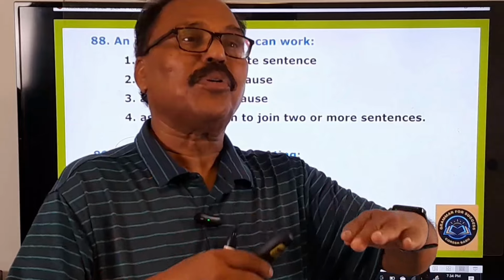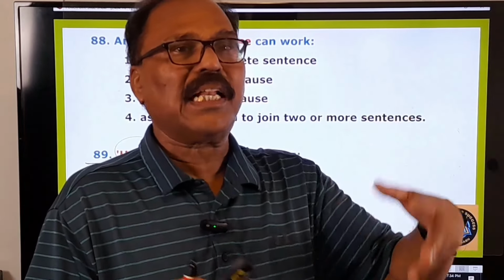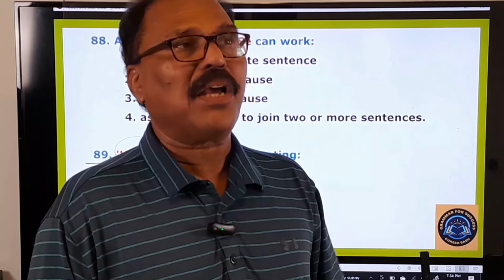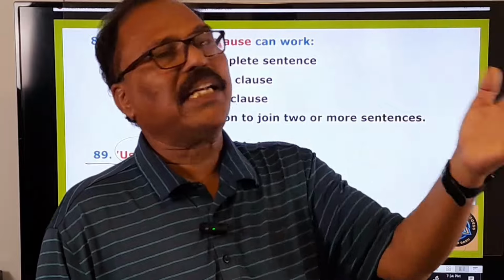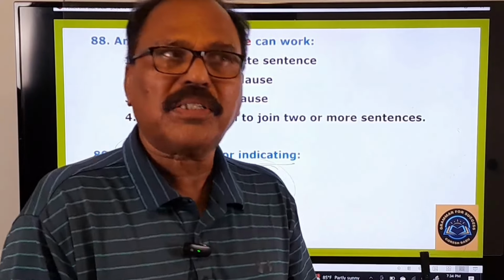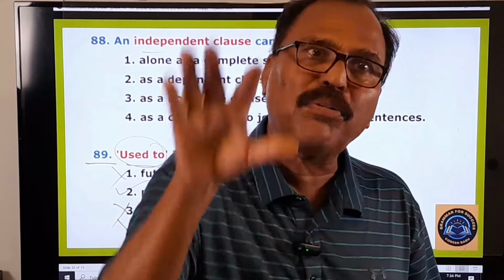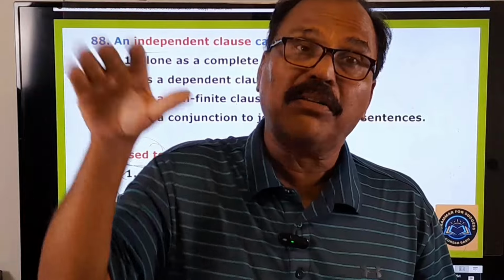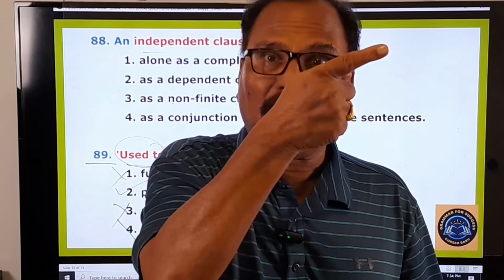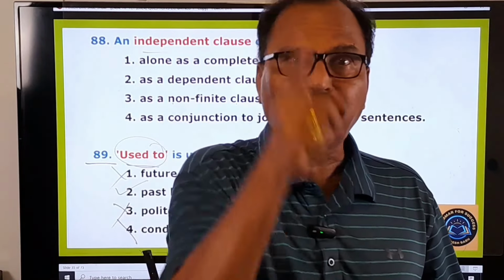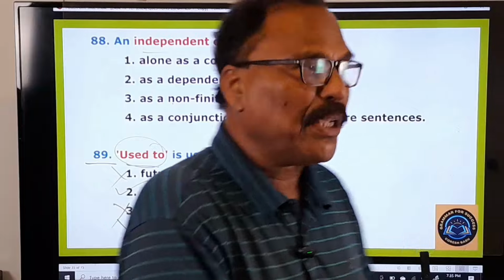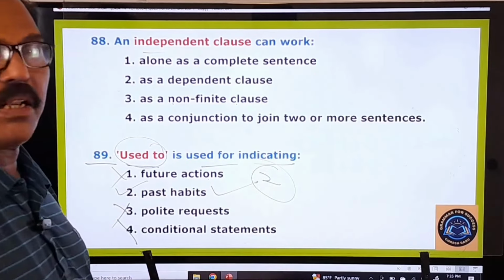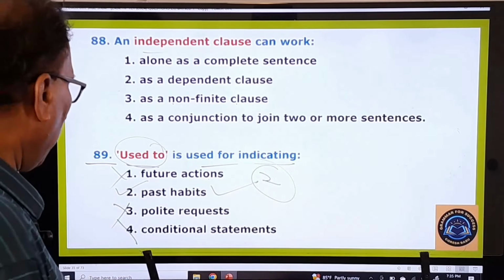I used to go to the library and sit in the library for 2 hours. I used to watch the late night movies. So you are telling your friend all about your past habits, and whenever you want to tell your friend about your past habits, you must tell him only by using this used to and nothing else. Right, and that's why this is the right one.